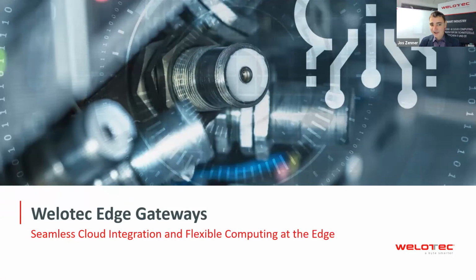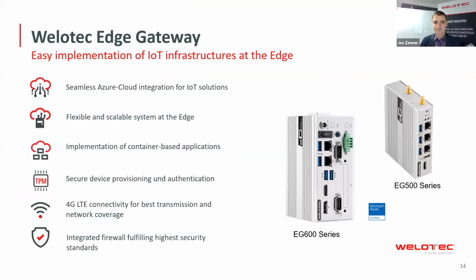Now coming to the Viltech Edge Gateways and how you can use them and what they do for you. So on the right side, you see two edge gateways. We have the EG500, which is a very small one for DIN-rail mount, and the EG600, which is a little bit larger, but still very compact.